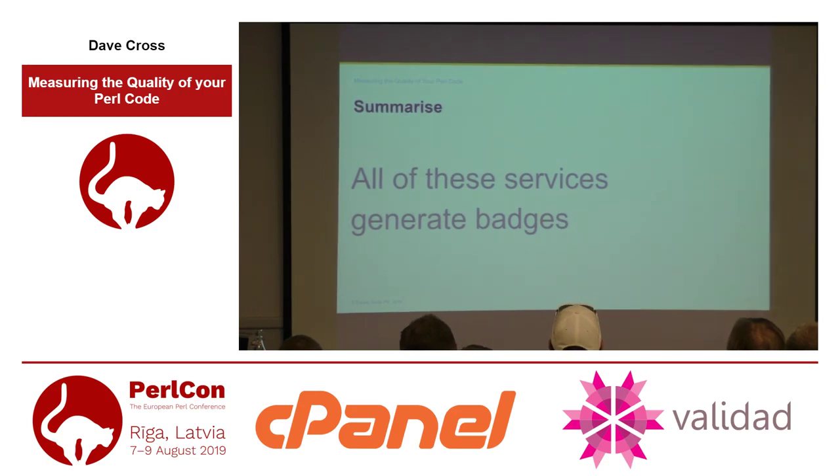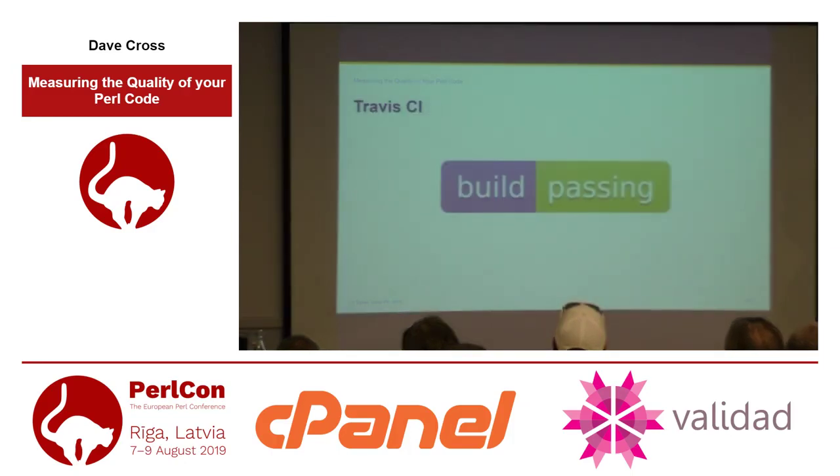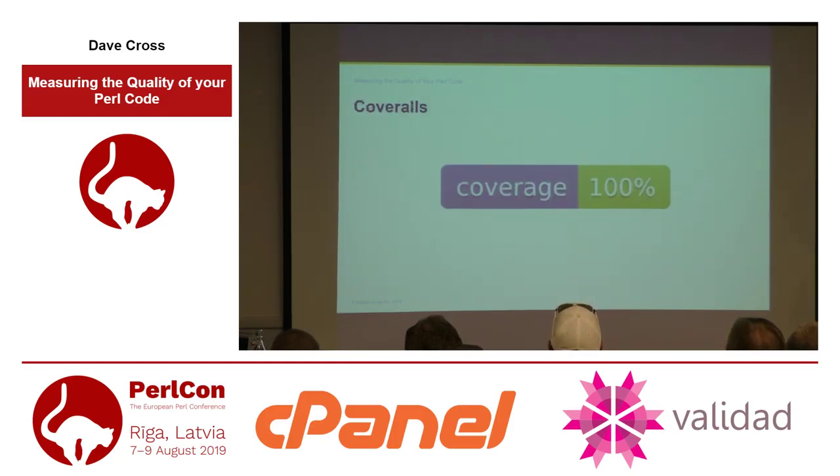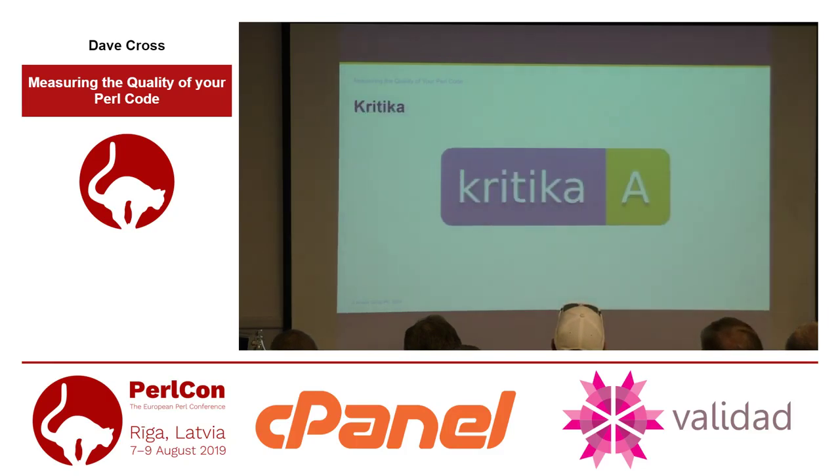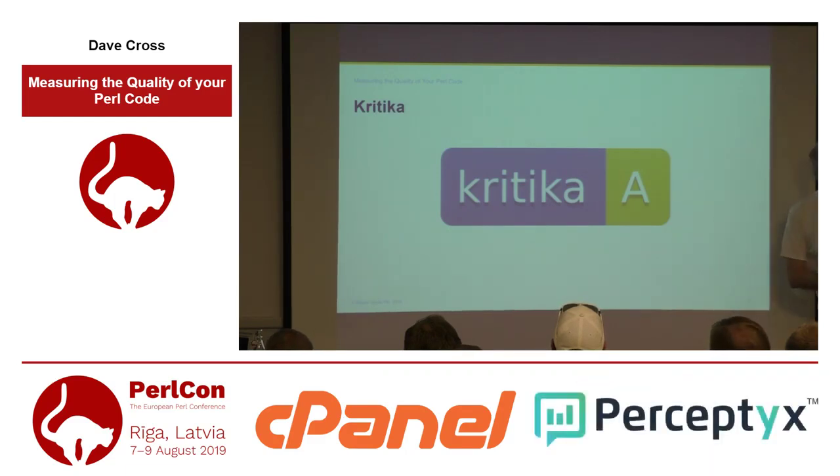And all of these services, they do generate badges. So Travis CI will give you a build passing or build failing badge. Coveralls will give you the amount of your coverage in a badge, and the color of this background changes. Critica will give you your mark in a badge.